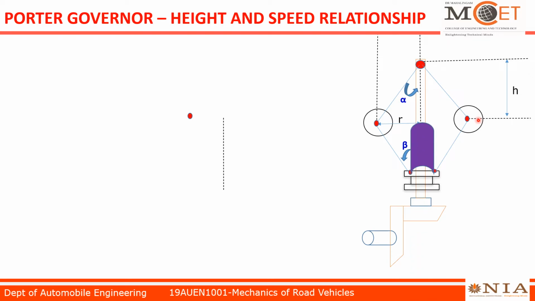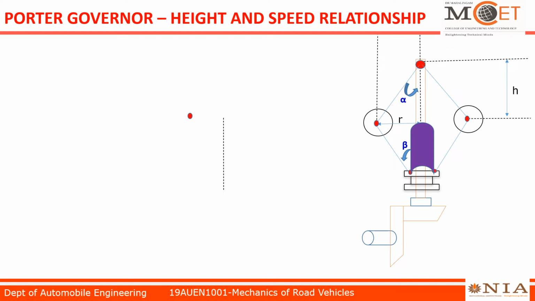It has 2 fly balls attached. The main difference between Watt and Porter governor, that is pendulum type governor and loaded type governor, is that the central load acts at the sleeve portion. There we attach the central load on the sleeve.